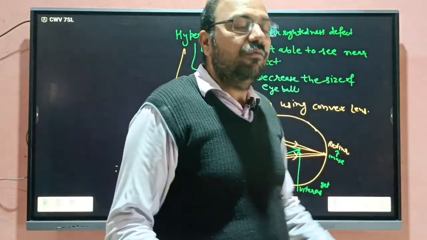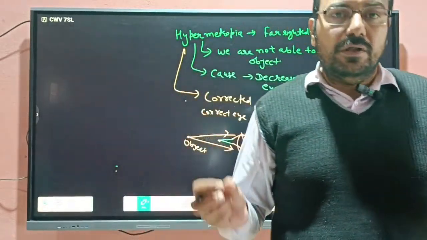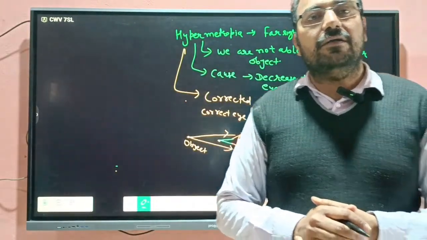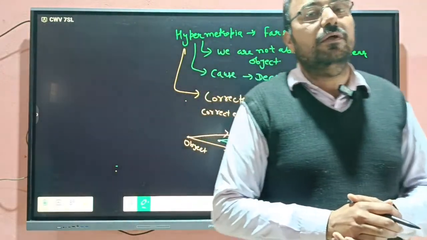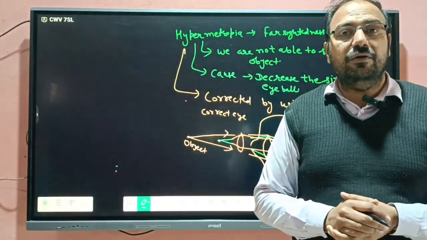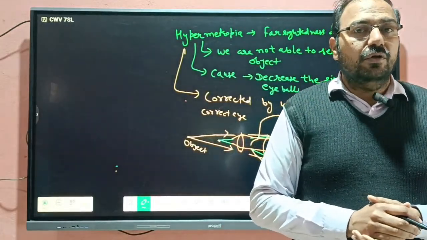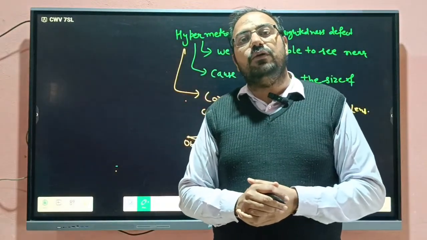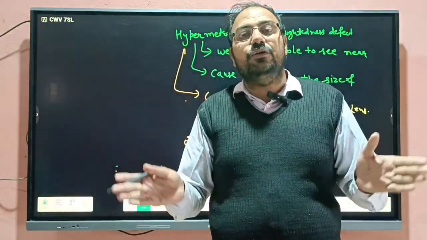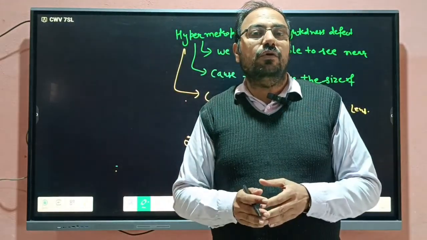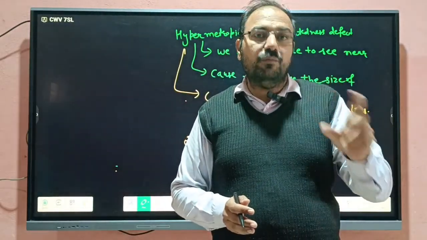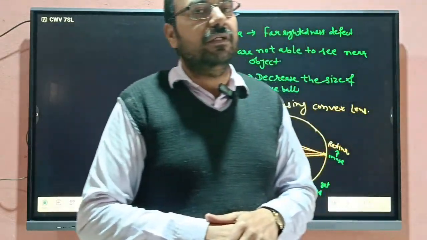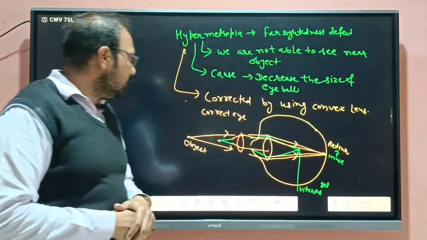When we use a lot of mobiles, laptops and other things, and we increase our reading time, and we do not take care of our eyes, the ciliary muscles of our eyes get damaged. So they are not changing the size of the lens, and that is why we cannot properly see the distant object or the near object. So that is basically due to the ciliary muscles.